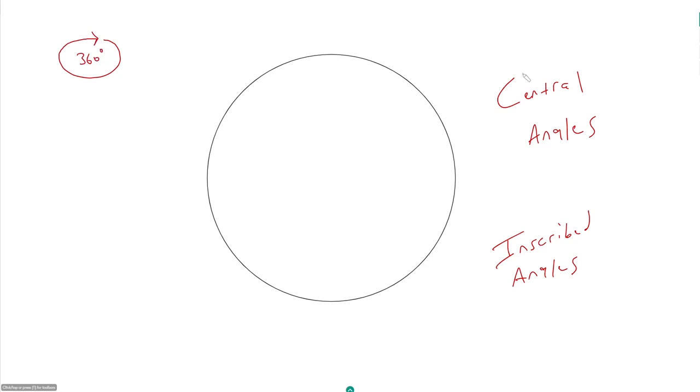Let's talk about central angles. A central angle, if you have a circle with some center, we'll place here, a central angle is just made up of two lines going to the center, so two radii. So for example, this here would be a central angle. Now, every central angle is going to have a corresponding inscribed angle.